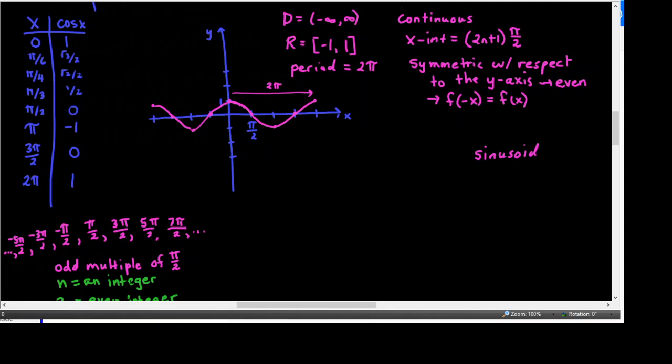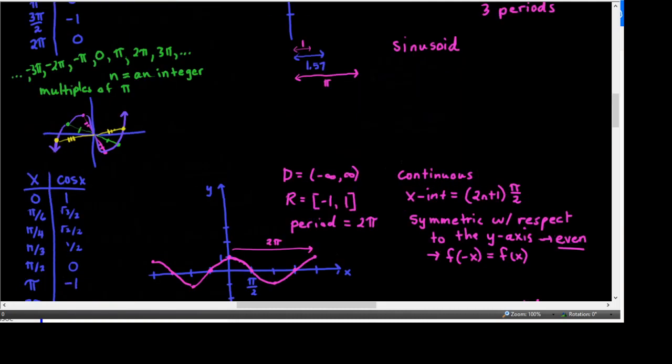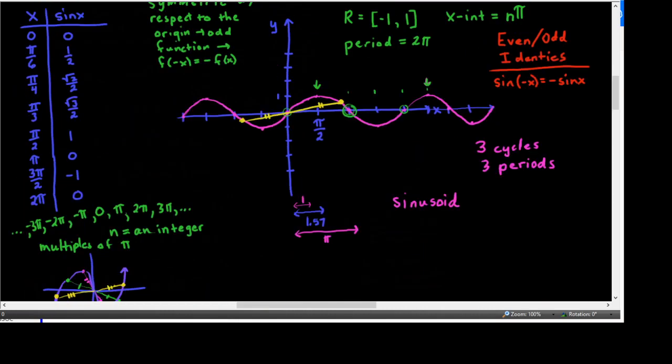So that means that because we have symmetry with respect to the y-axis, which implies that it's an even function, and that means f of negative x equals f of x, then that implies that cosine is an even function. Okay, and so back up here, with the even odd identities, we are now going to write the identity for cosine in this list.